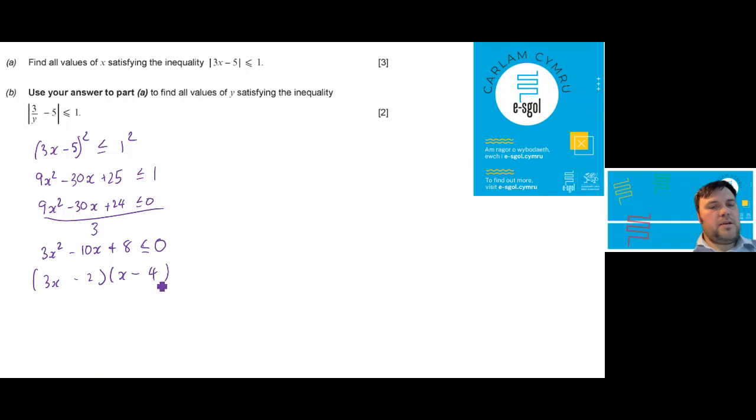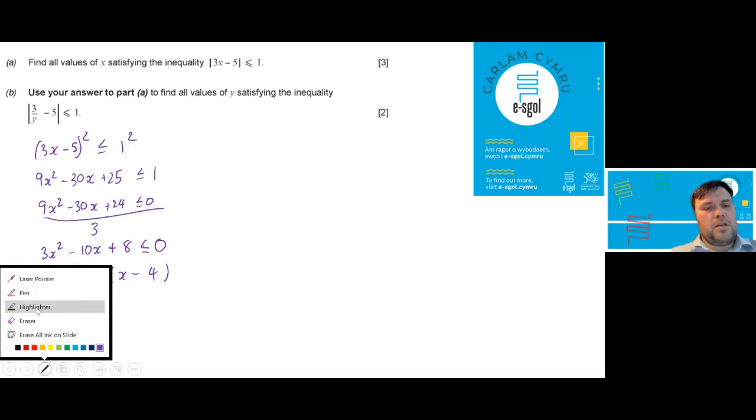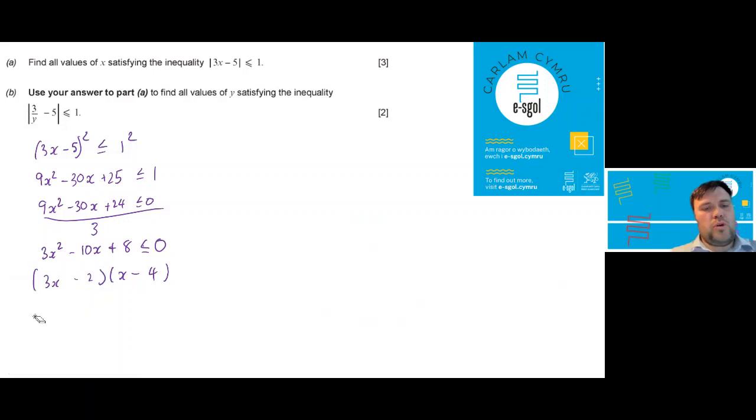That would give me 4, it's the other way around, because that's going to give me 12 plus 2, which is going to be too much. Whereas if I do it the other way around, it's going to be 3 times 2, which is 6, and then 4. So that way then, that's fair. So you'll have your minus 2 times minus 4 is going to give you your 8. Minus 4x plus minus 6x is going to give you a minus 10x.